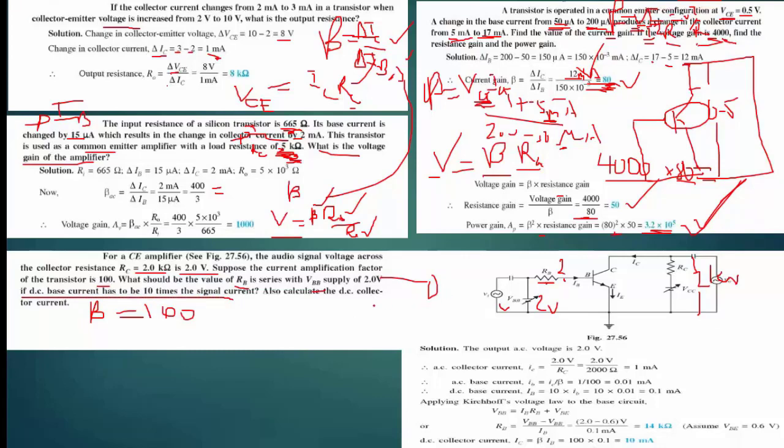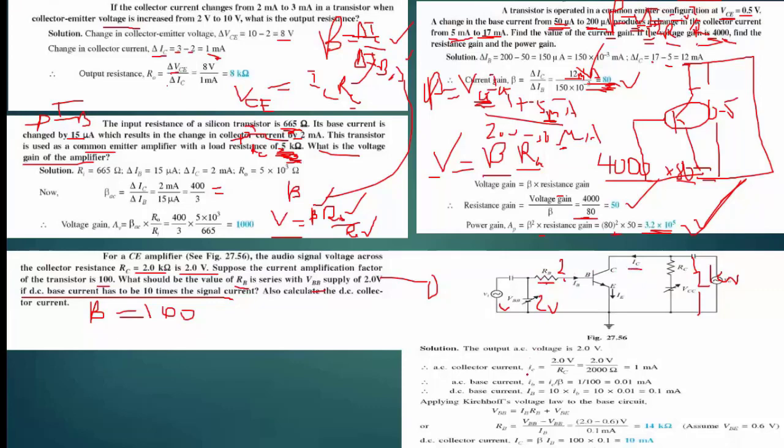Okay, if the DC base current has to be 10 times the signal strength. So the question here is to find the value of this resistance, also to calculate the DC collector current and the RB.